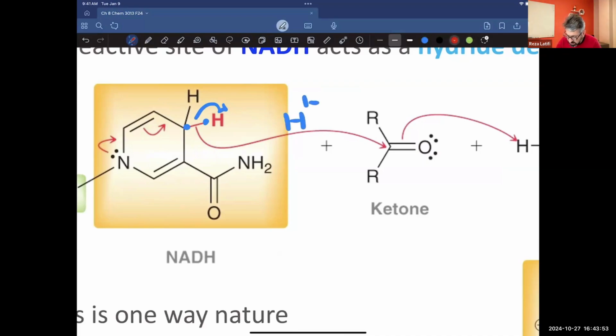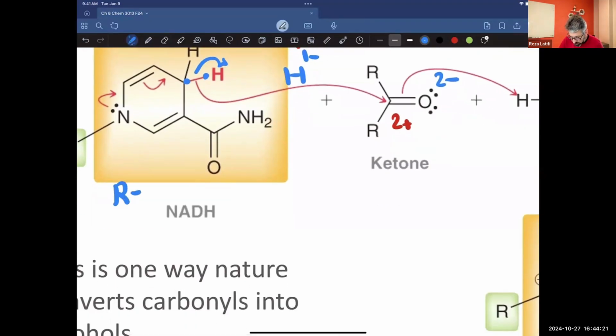Hydride will reduce the oxidation number of any carbon that gets attached to it. This carbon's oxidation number is +2. How do I know? Because oxygen is -2. Now, if hydrogen comes to it with a negative charge, the positive charge on carbon is going to go down by 1. That's the reason I call NADH a reducing agent, or reductant.